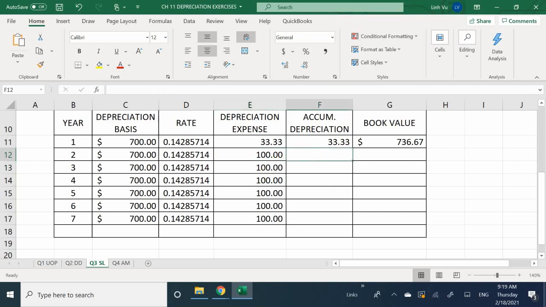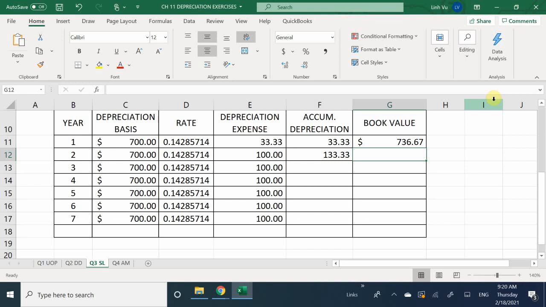Now let's calculate this. What is my accumulated depreciation for the second year? $133.33. Okay, excuse me.